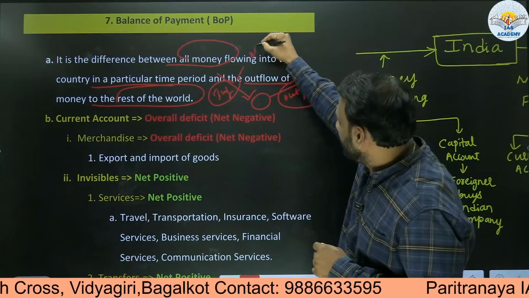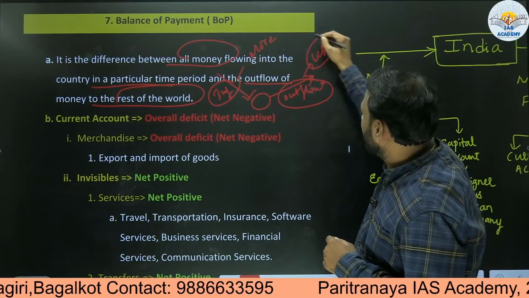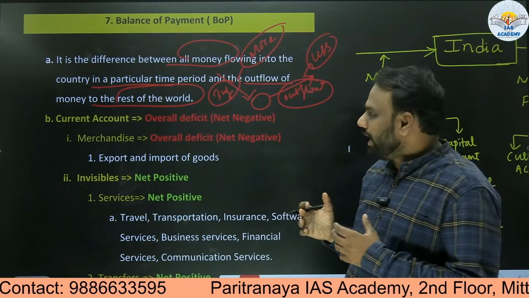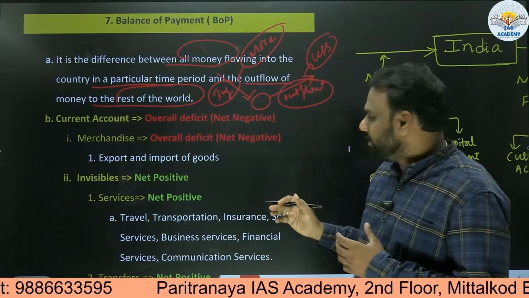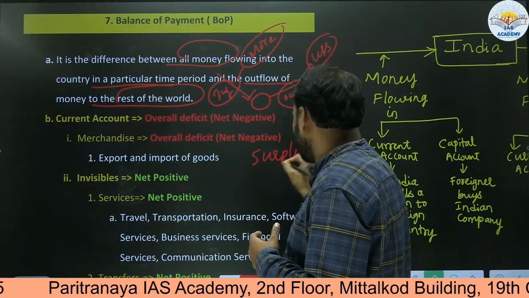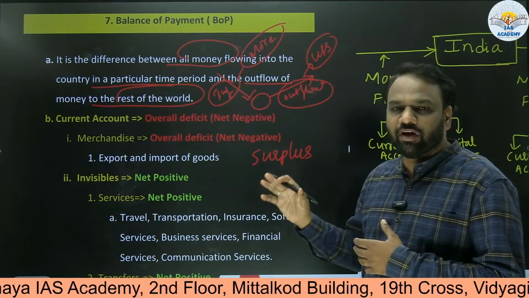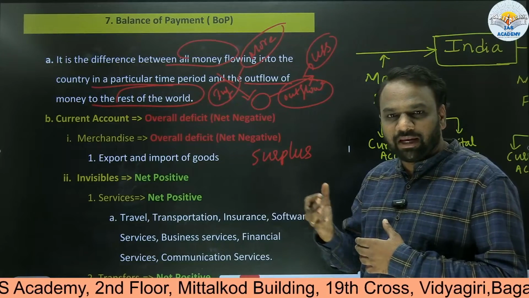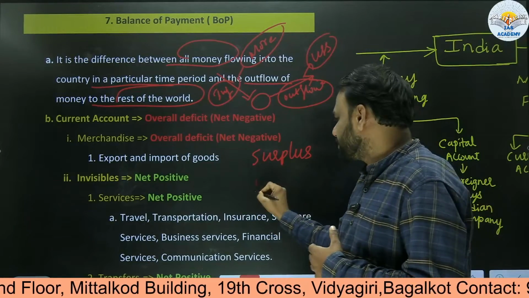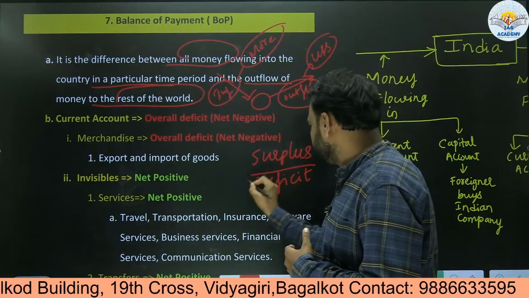If incoming money is more and outgoing money is less, then we call it a surplus. But if incoming money is less and outgoing money is more, then we call it a deficit.